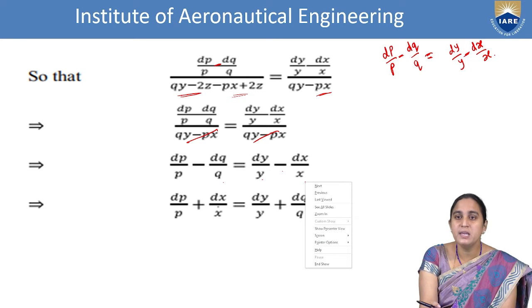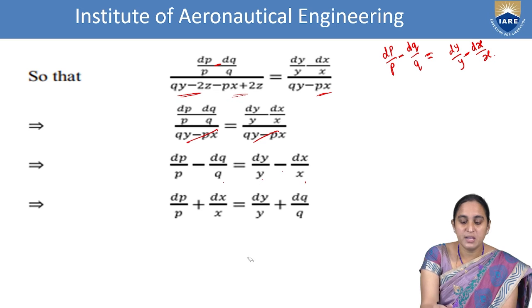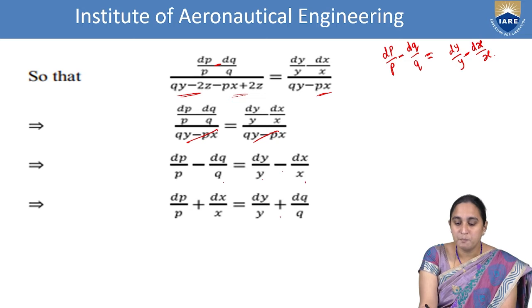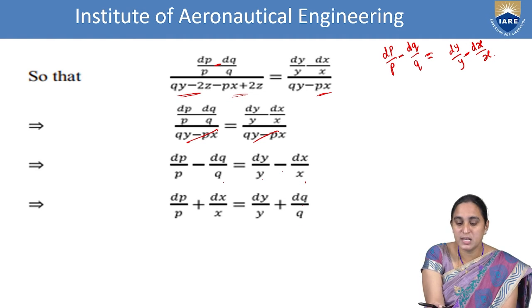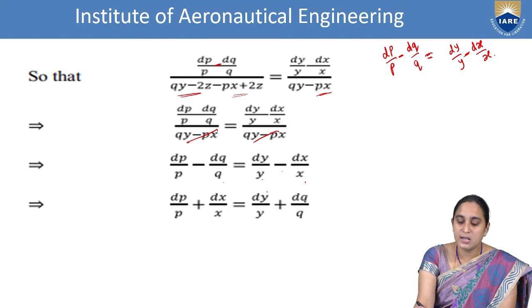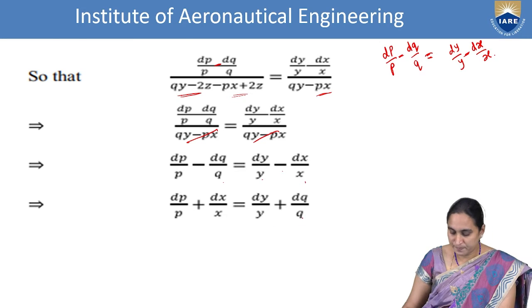Now I'll take p and x to one side: dp by p plus dx by x on the LHS, and dy by y plus dq by q on the RHS.